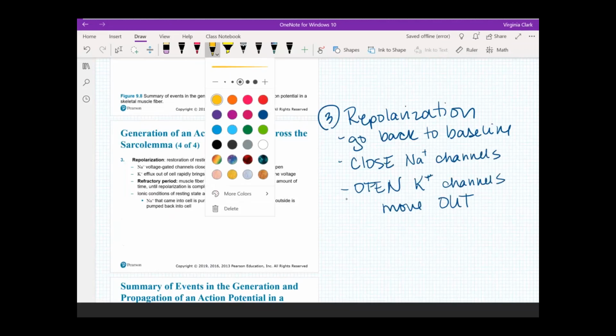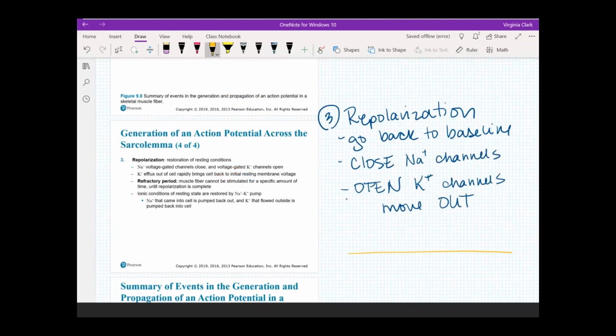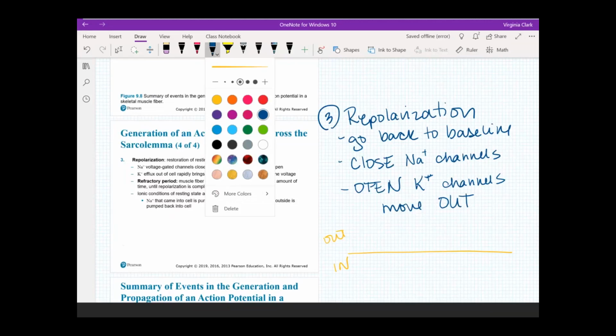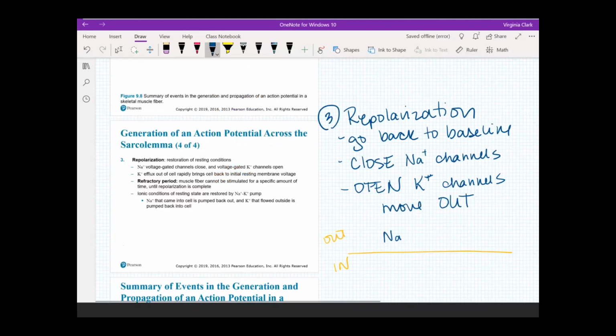If this is my sarcolemma right here, and this is outside the cell, and this is inside, we are closing our sodium so it doesn't go out and doesn't go in, but we're going to open our calcium, which means calcium will go out of the cell.